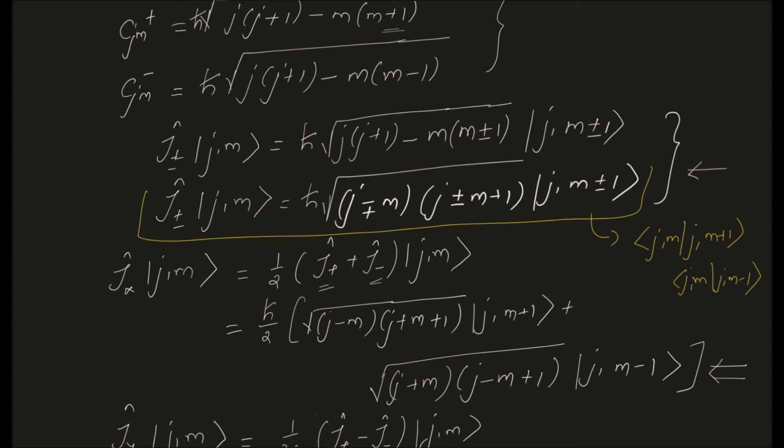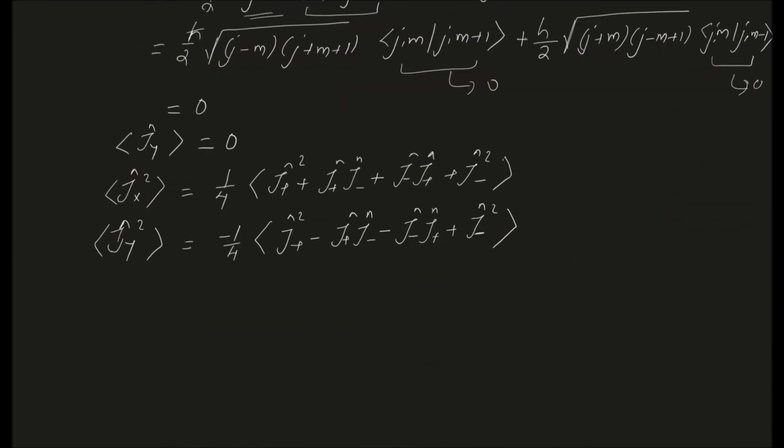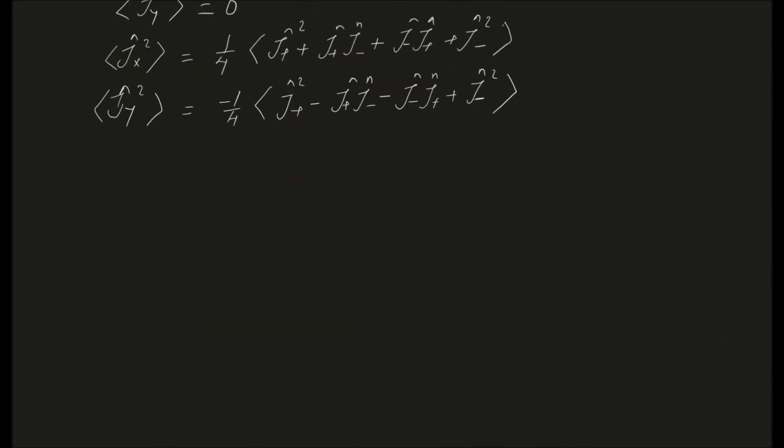Since these are an orthonormal set of bases, all these kinds of terms will give us 0. So you can say that the expectation values of j plus and j minus are 0. So since the expectation values of j plus and j minus are 0, these terms will not contribute anything in this expression, right?